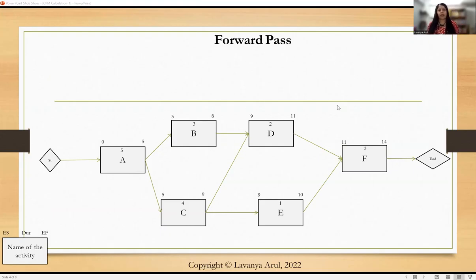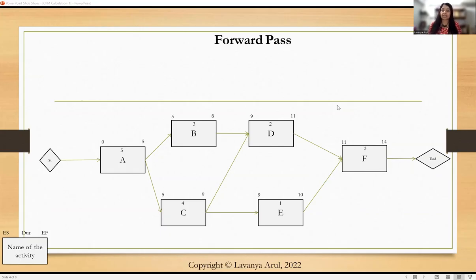Now look at this. Activity A is going to start on the 0th day. And since it takes 5 days, we are simply going to do an addition. 0 plus 5, which is basically your early finish, which is 5. As I said earlier, B can start only after A has completed. So after the 5th, which is the same day, we are starting B. Same way for C also, it can start after A. So on the 5th day we are starting.